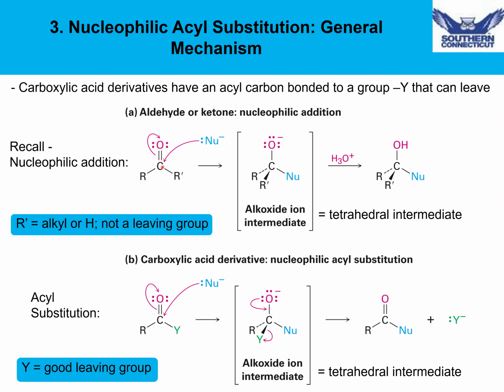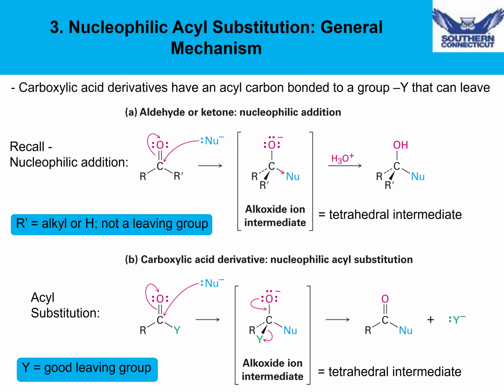Now, in this chapter, we're going to look at acyl substitutions, which typically involve an acid derivative. The difference between the acid derivatives and ketones and aldehydes is that the R group here, R prime specifically, is either an alkyl if it's a ketone or a hydrogen if it's an aldehyde. Both of those are very poor leaving groups.